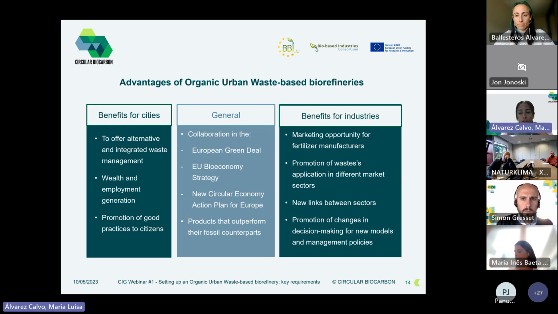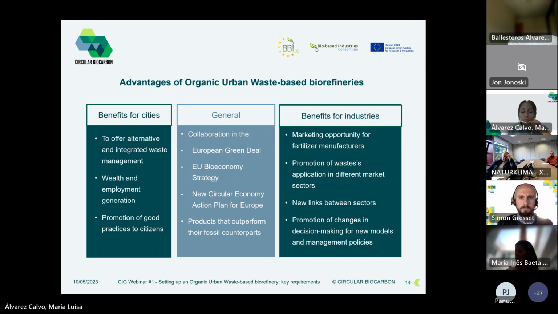Also, they guarantee changes in decision making for new models and management policies because they will support the transition of several sectors such as industry, agriculture, and transport from fossil fuels to fossil-free consumption to zero carbon emissions. Finally, biorefineries can lead new links among cities and different sectors, as I said before: industry, agriculture, and transport.